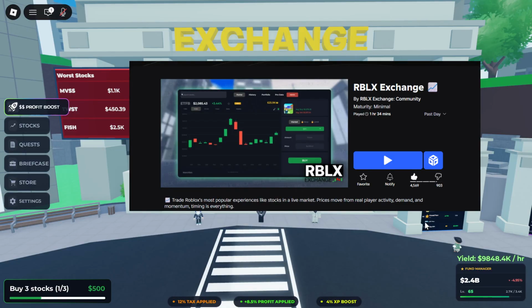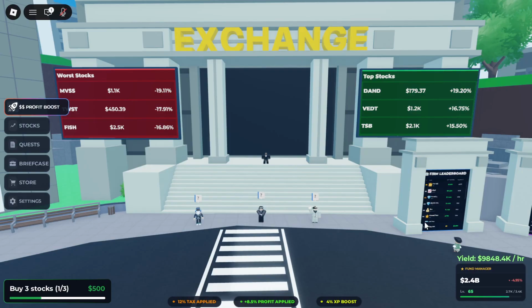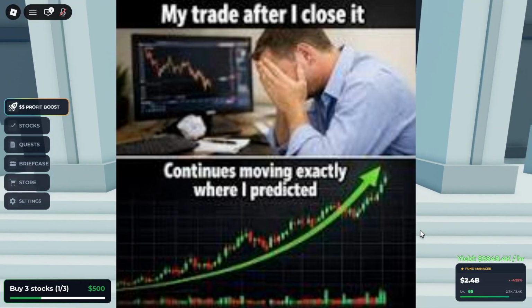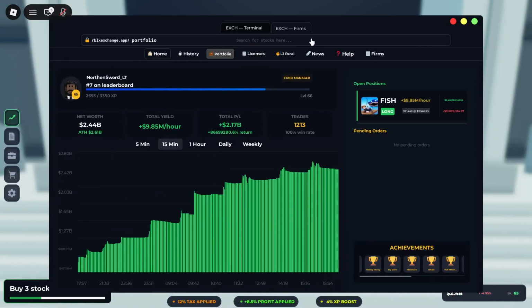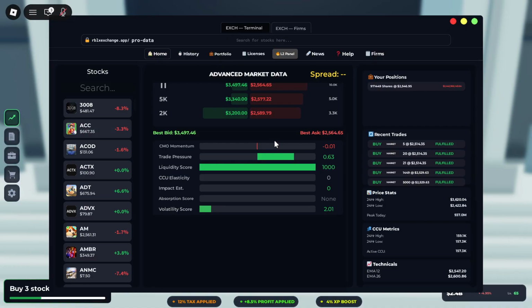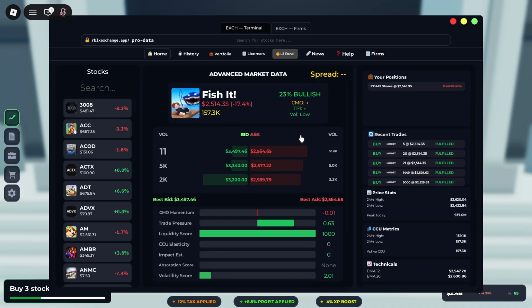Today, we'll be talking about how exactly you read the market. Now, the fantastic Roblox Exchange developers have provided a way for us to actually learn how to use the important and vital L2 panel. A part of the L2 panel is a lot of stuff that a lot of people don't know how to use, and it's essential that we learn.